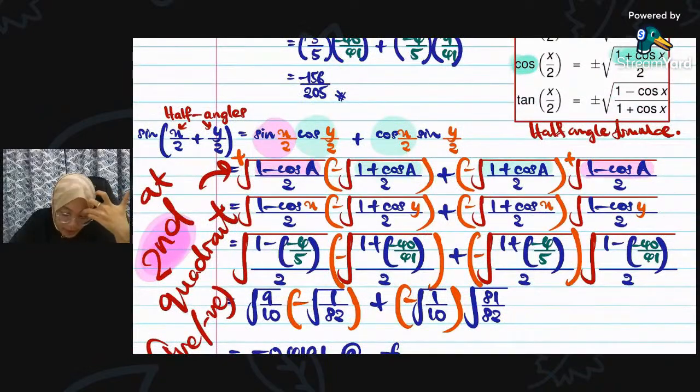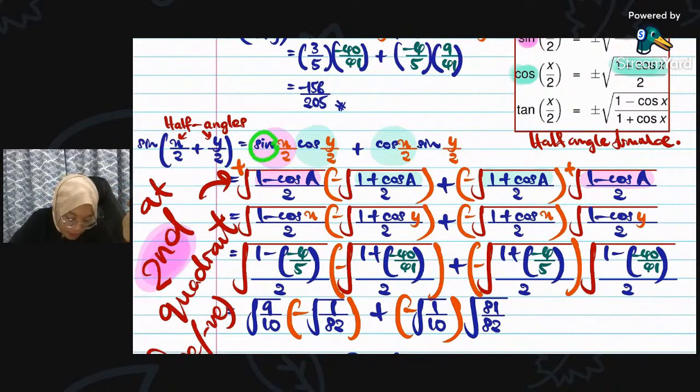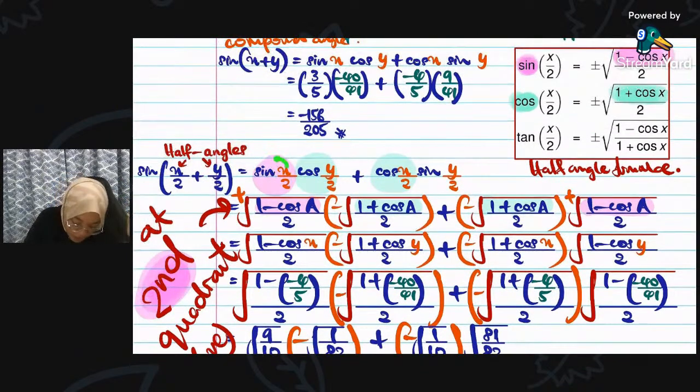So formula ni just kena hati-hatilah, okay? Kalau nampak sin, hafal je lah warna pink ni. Kalau sin is 1 minus cos. Kalau cos adalah 1 plus cos. Sama je dalam ni. Just tengok apa saya pakai yang warna pink dan warna hijau ni.